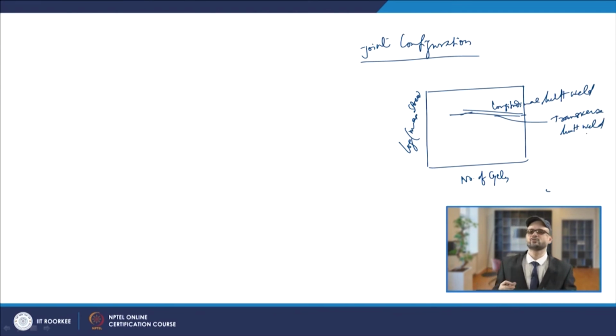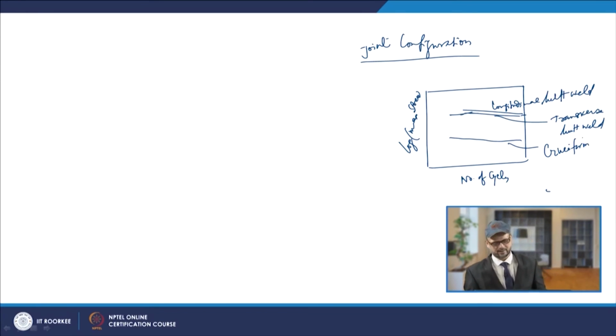So when you have a butt weld and your load is in the transverse direction, you will have lesser life. Similarly, you may have the cruciform. In case of cruciform, it goes like this.